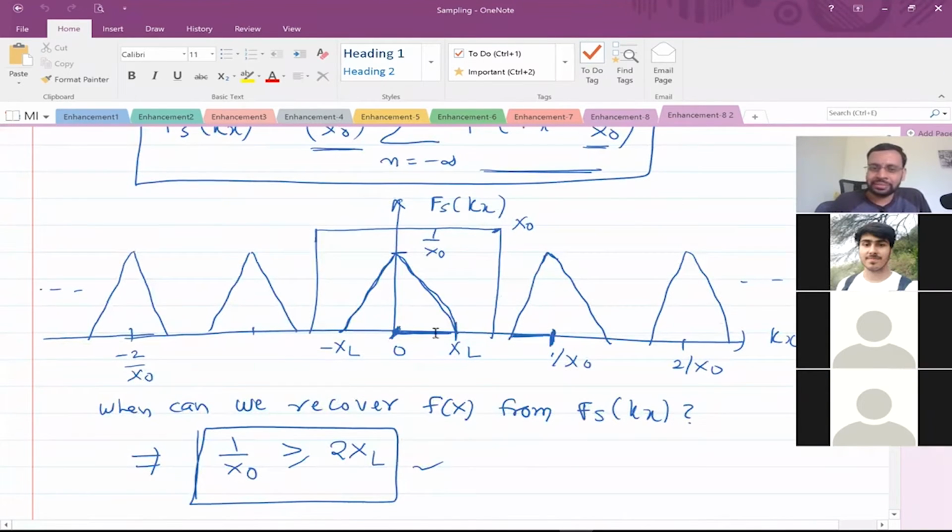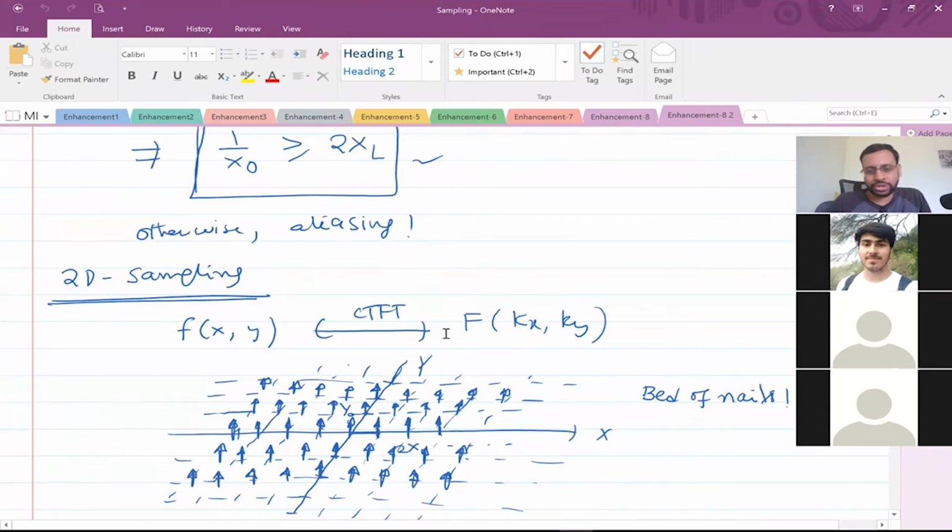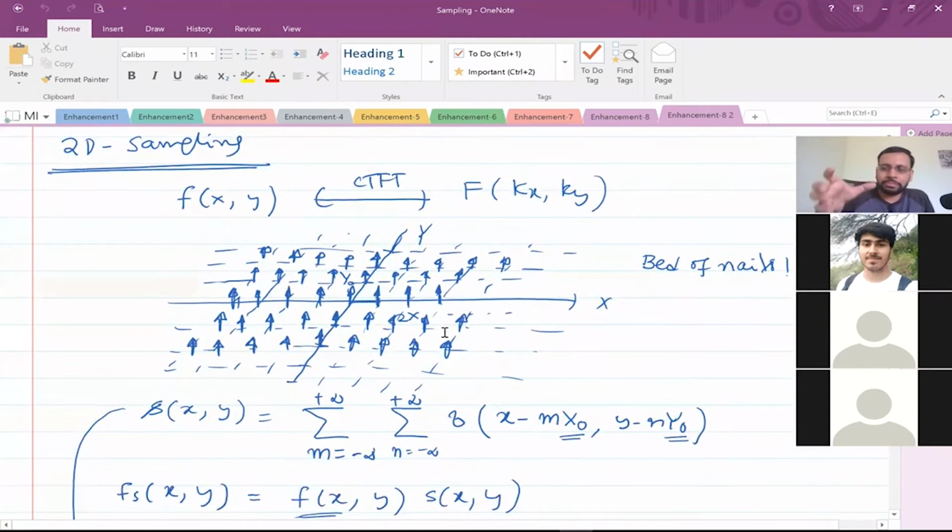Now YL is there. So XL will dictate what should be your sampling, because these copies are placed both along X as well as Y. Depending on XL, you should decide on a good enough value of 1 by XL, right? Similarly, YL should tell you the frequency spectrum kx ky.